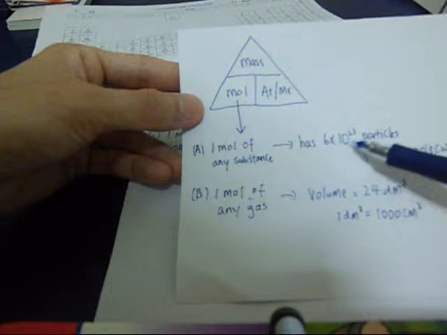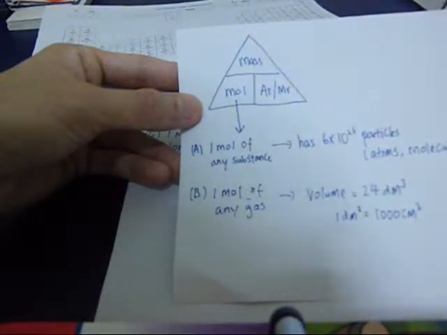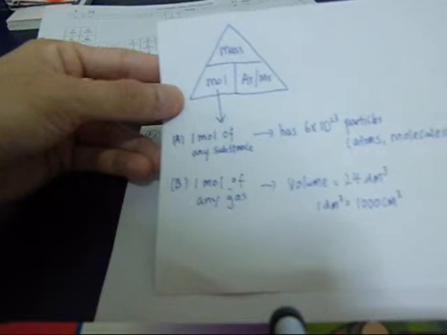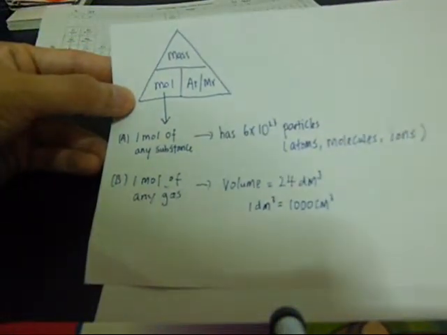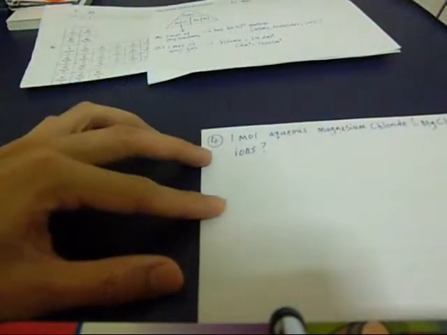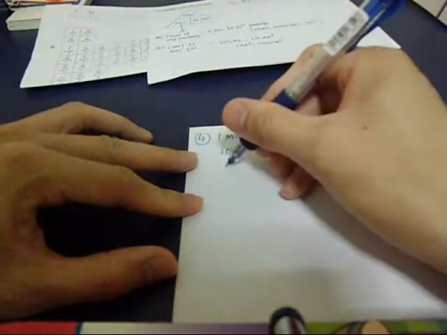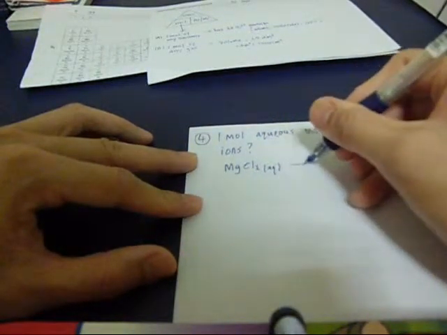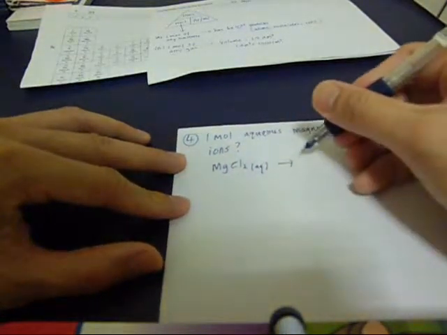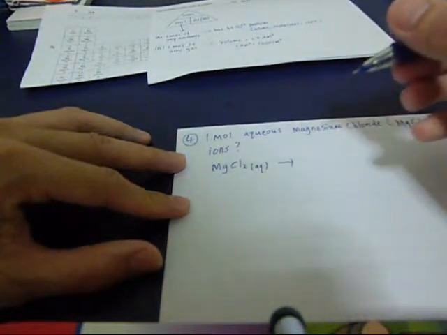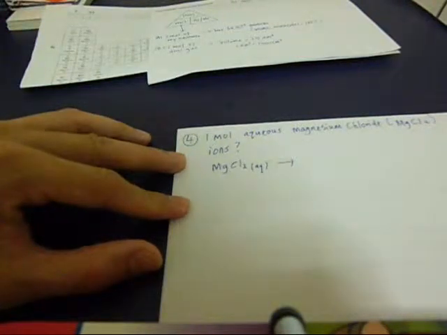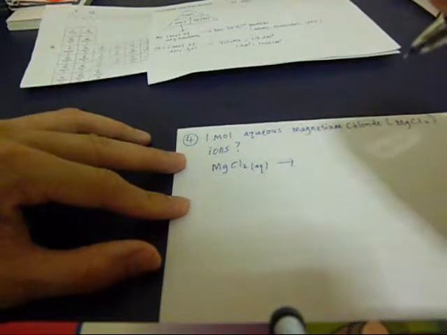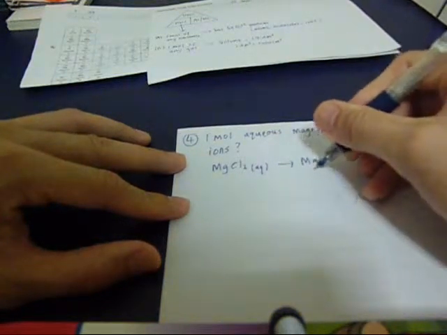From the formula, 1 mole of any substance has 6 times 10 to the power of 23 particles. The particles could be ions. You need to know that magnesium chloride is an ionic compound. When it dissolves in water, just like the way you write the ionic equation, the ionic compound will split into ions.